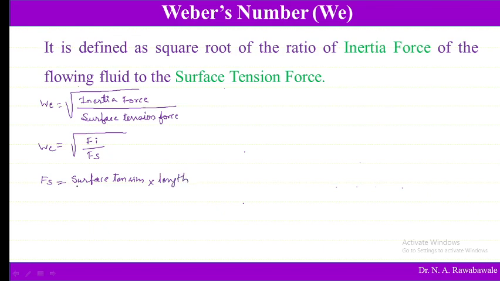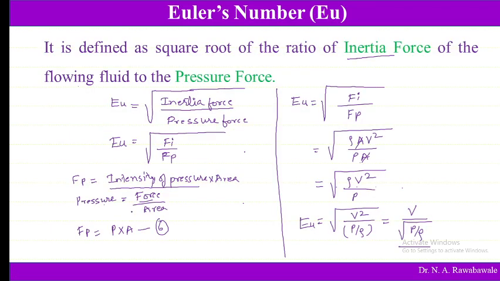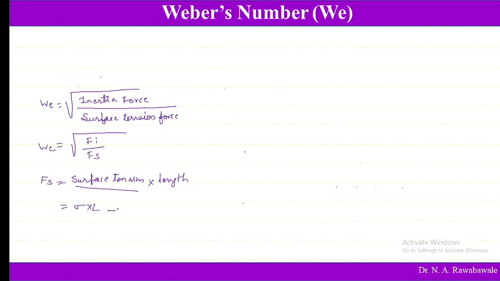Surface tension is given in newtons per meter, that is per unit length. So that is sigma into L. Now we call this equation number 7.